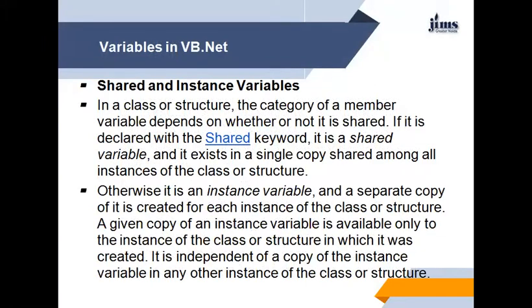Otherwise, it is an instance variable, and a separate copy of it is created for each instance of the class or structure. Meaning, for an instance variable you have a separate copy for each, and for shared, you have only one copy. A given copy of an instance variable is available only to the instance of the class or structure in which it was created. It is independent of a copy of the instance variable.